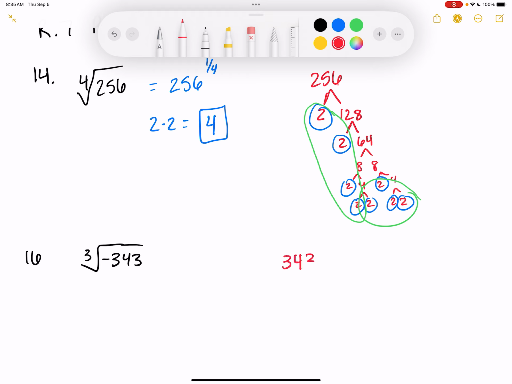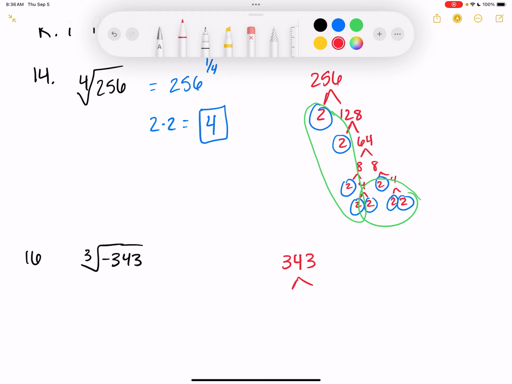All right, 343, I need to break that down. However, if you know what to break it down into, you would know the perfect cube. Is it 9? Smaller than that. 7? Yep, it's 7.